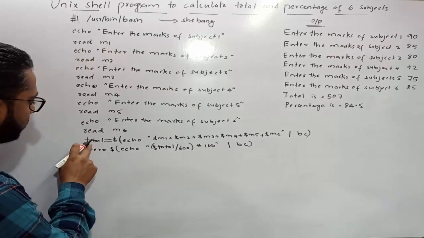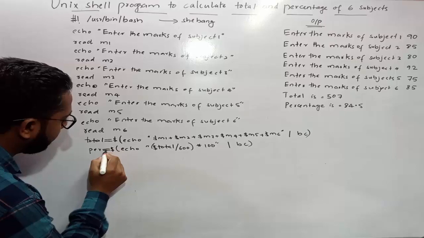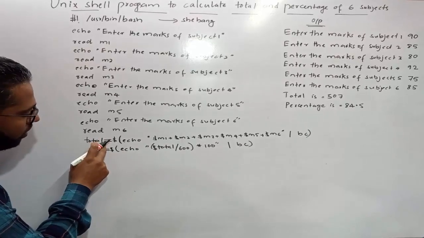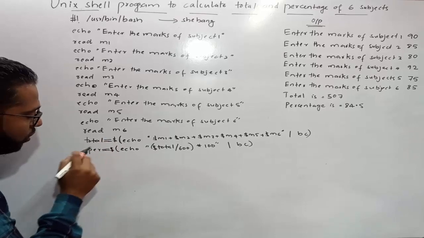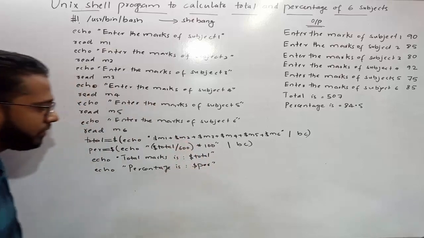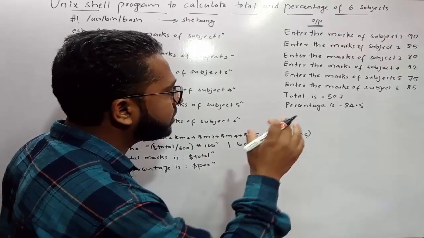Okay, now total gets stored inside the total variable and percentage gets stored inside the PER variable. You need to make sure that you do not give any space before the equal and after the equal operator here also. Now we will just print these two variables, total and PER. So this is the shell program which you need to write to make the total and percentage of 6 subjects.